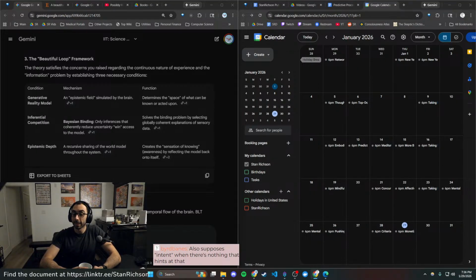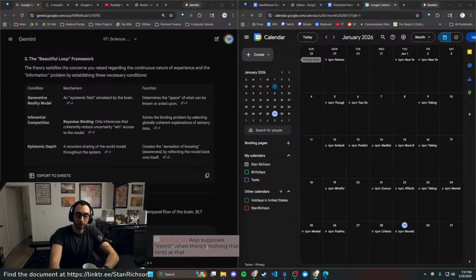It also suppresses intent when there's nothing that hints at that, right? Yeah, we can't start introducing intent. We don't even know what intent means for something that's non-spatial, non-temporal. We're still fighting on the front lines of consciousness in rocks right now. I wouldn't say it's not also a little weird to talk about intent regarding a single-celled organism.